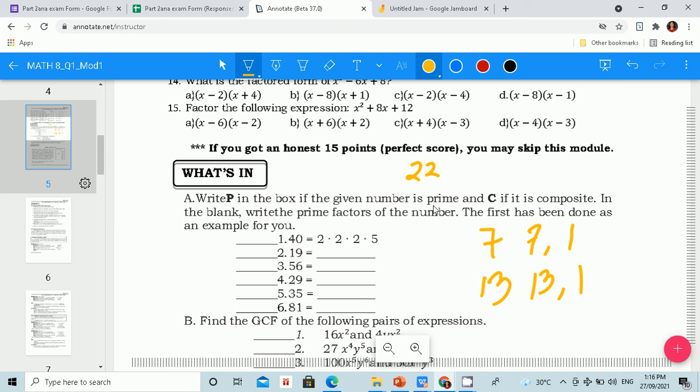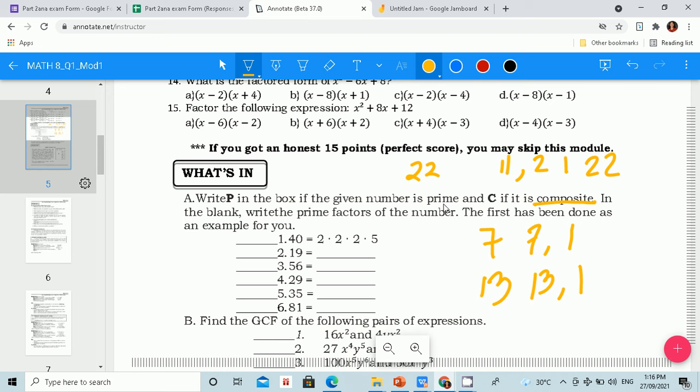Is 22 a prime number? Give me numbers that can be used to divide 22. We have 11, we have 2, we have 1, we have 22. So this means that 22 is not a prime number. 22 is a composite number.